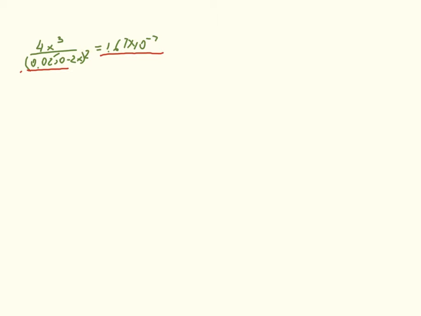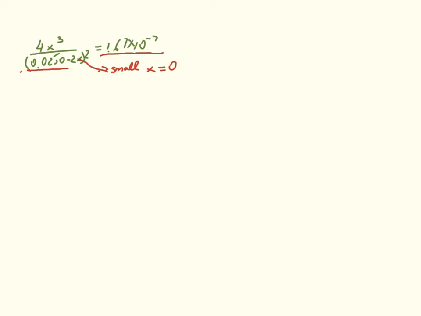Hence, we can make an assumption that x is small. So it means the change in initial concentration will not be significant, and x can be assumed as 0 in the subtraction.